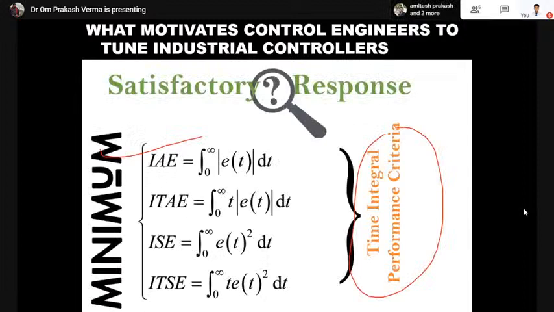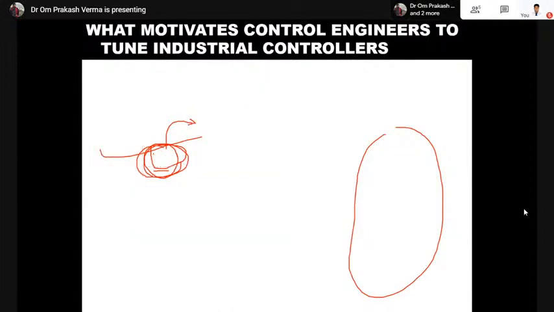So when you minimize IAE, the integral absolute error, you are basically minimizing all the parameters: the rise time, settling time, overshoot, and whatever is written here.